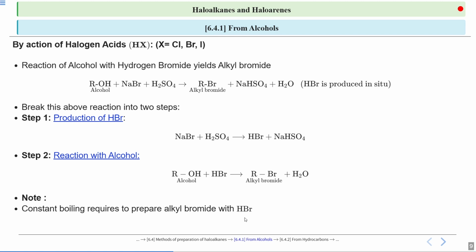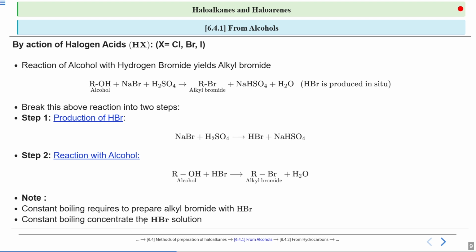Okay, you need constant boiling hydrogen bromide because it will ensure a consistent and optimal concentration of the reactant, that is HBr, right? It is critical for the good yield of this alkyl bromide, the final product that you want to get by reacting with alcohol.